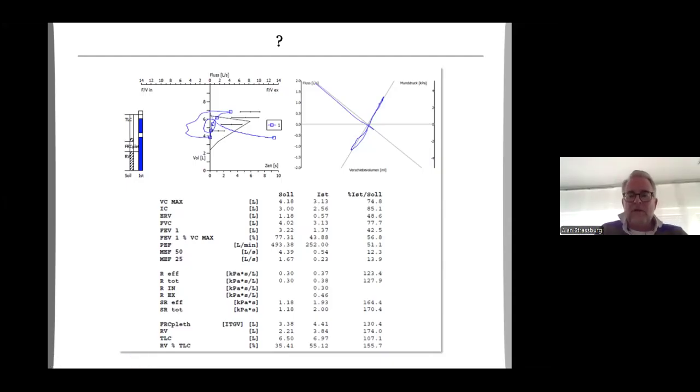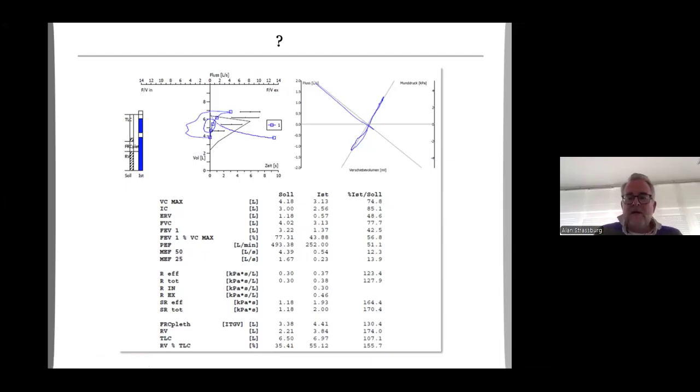The FEV1 is only at 42%, which is already a severe obstructive ventilation disorder. And then again, the total capacity is normal, which usually is the case in COPD patients, but the residual volume is elevated at 174%, and respectively, the vital capacity is reduced down to 74%.